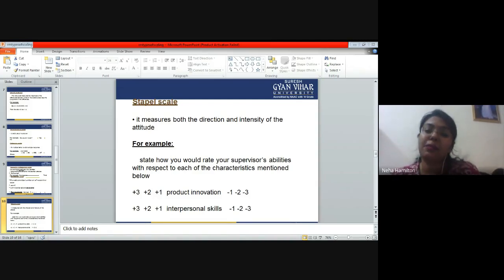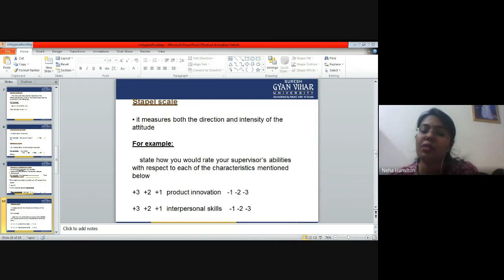Then we have Stapel scale. It measures both the direction and intensity of our attitude. For example, state how you would rate your supervisor's ability with respect to each of the characteristics mentioned below. Product innovation, right? So you can see plus 3 is highest, minus 3 is lowest.